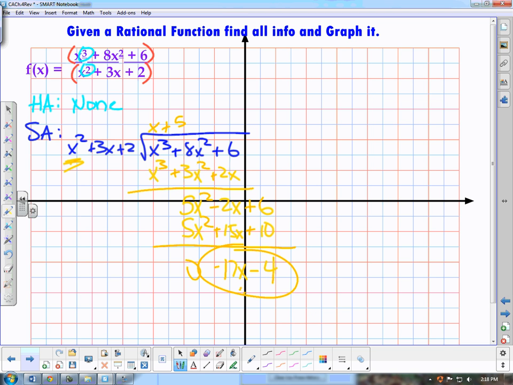We don't need to worry about the remainder, only the quotient, so our slant asymptote is y equals x plus 5. So if we go up 5, and our slope is 1, then we have our slant asymptote running right through here.